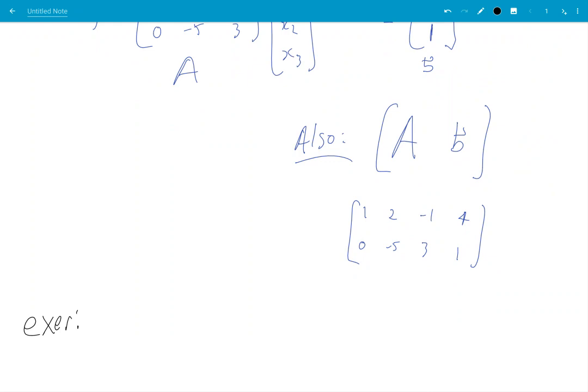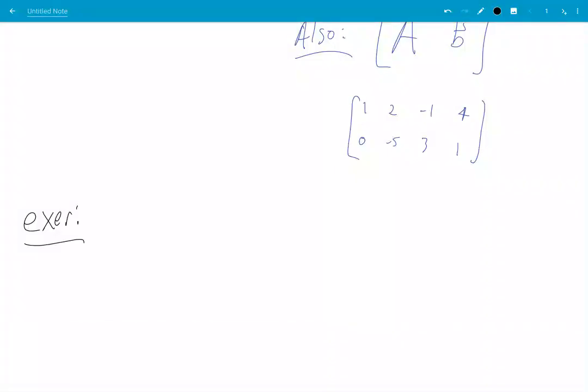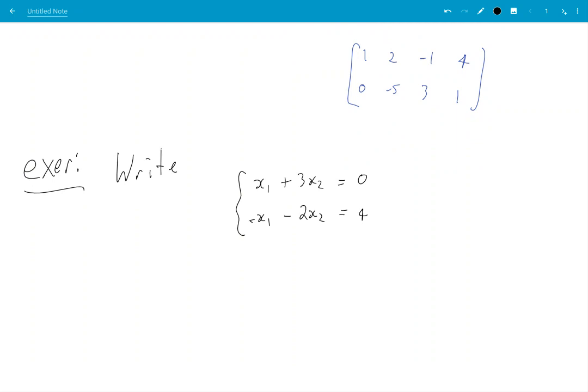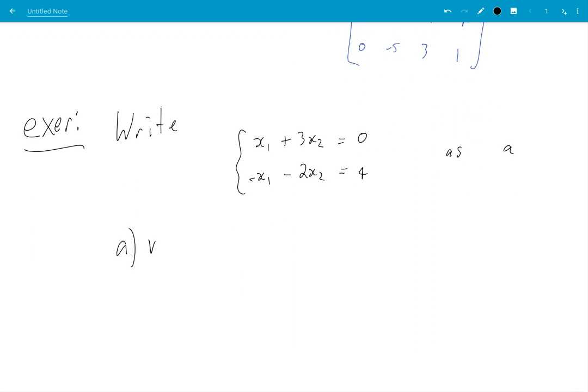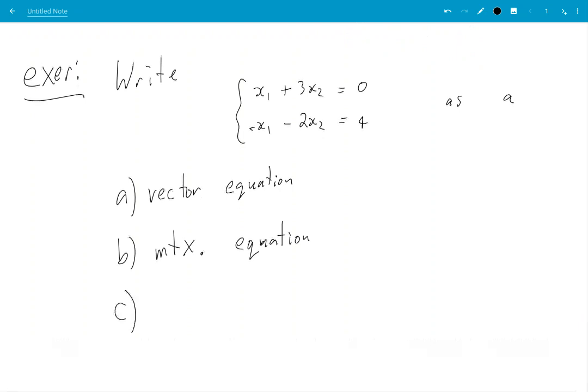Okay, let's try an exercise now. I want you to write this system four different ways, with right-hand side 0, 4: as a vector equation, as a matrix equation, and finally as an augmented matrix.